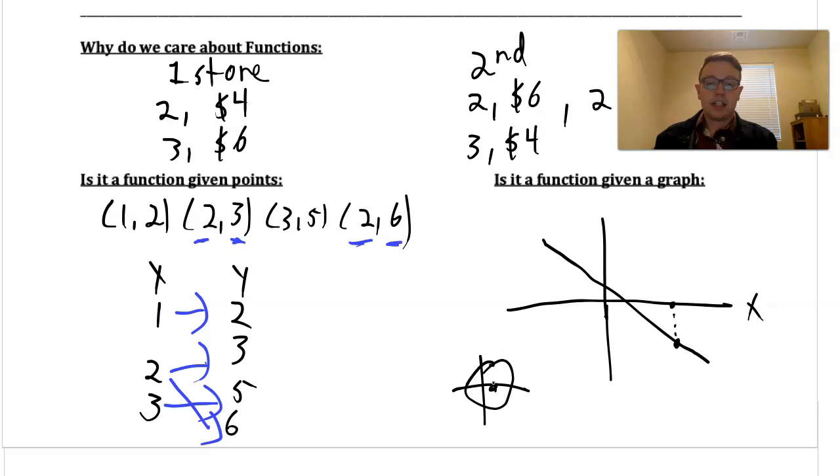If we look at this x value, we could be going either up to this y value, or we could be going down to this y value. So how do we check with graphs? All we do is we take a vertical line and we slice it through. Any time that this slices through more than once, that is not a function. So we call this the vertical line test.